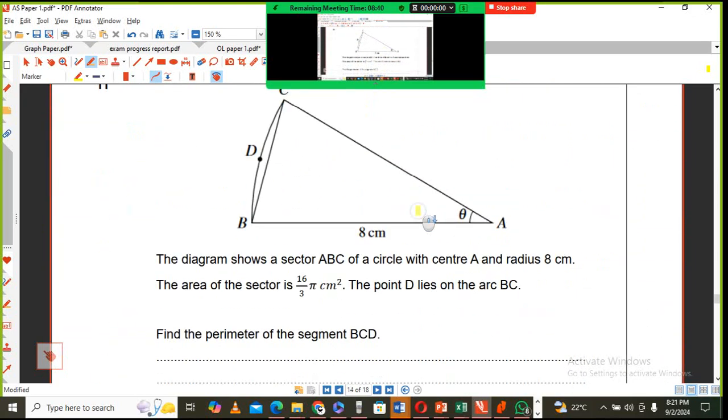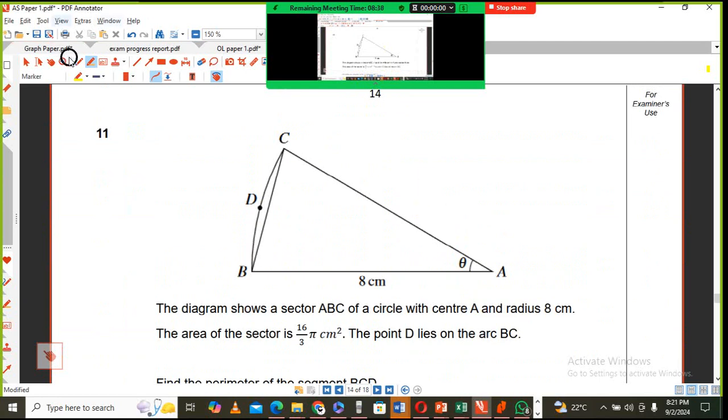In fact, question 11, this one I saw you guys were doing it in class. I don't know whether you guys got the answer. What is your answer, by the way? I couldn't get it. What about question 10b?